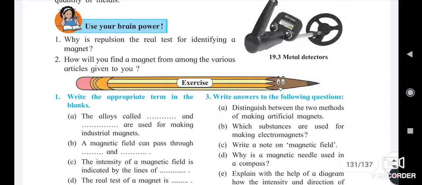Okay, here we complete the magnetic field with its properties, which is shown in north-south directions, and the same poles repel each other.